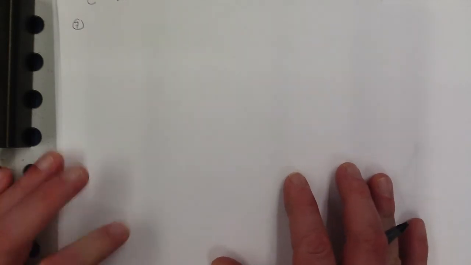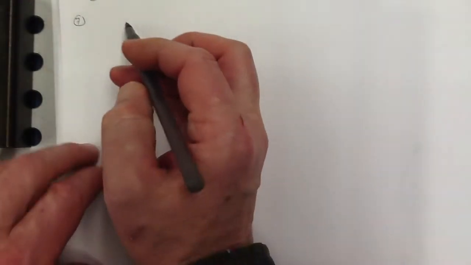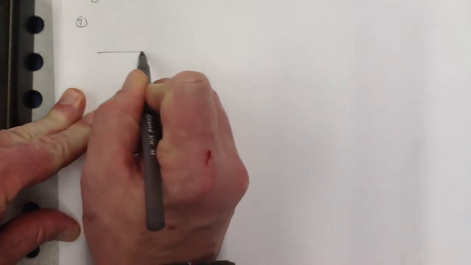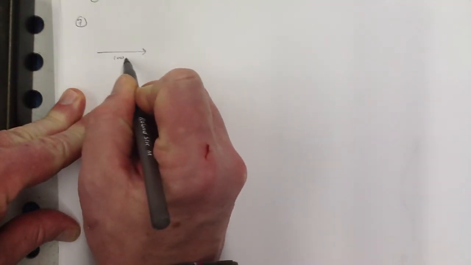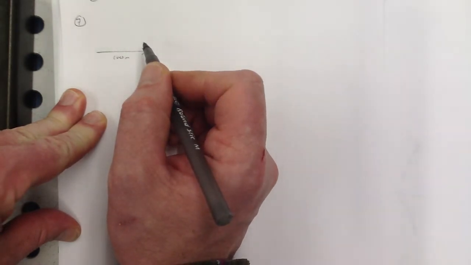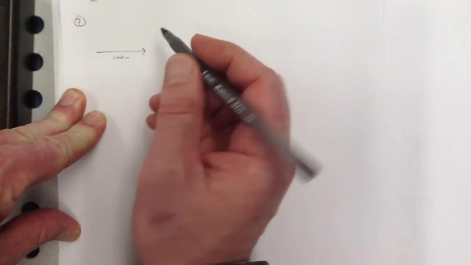All right, what's on this next page? A dog searching for a bone. Aw. Walks 100 meters due east. And then 200 meters at an angle 60 degrees north of west.